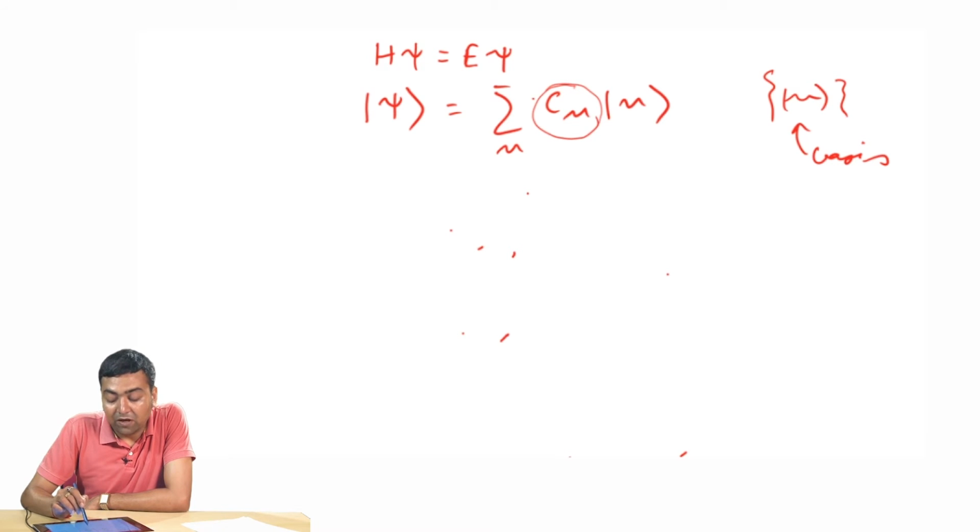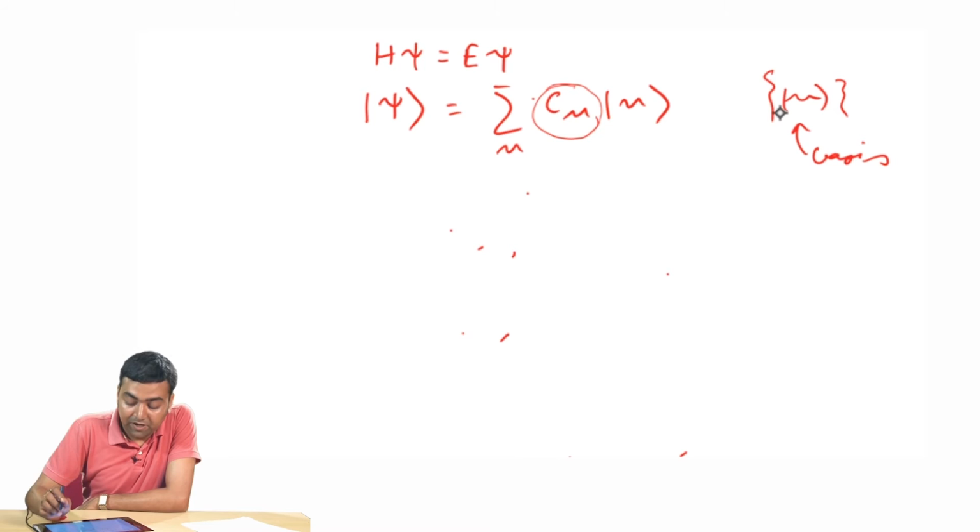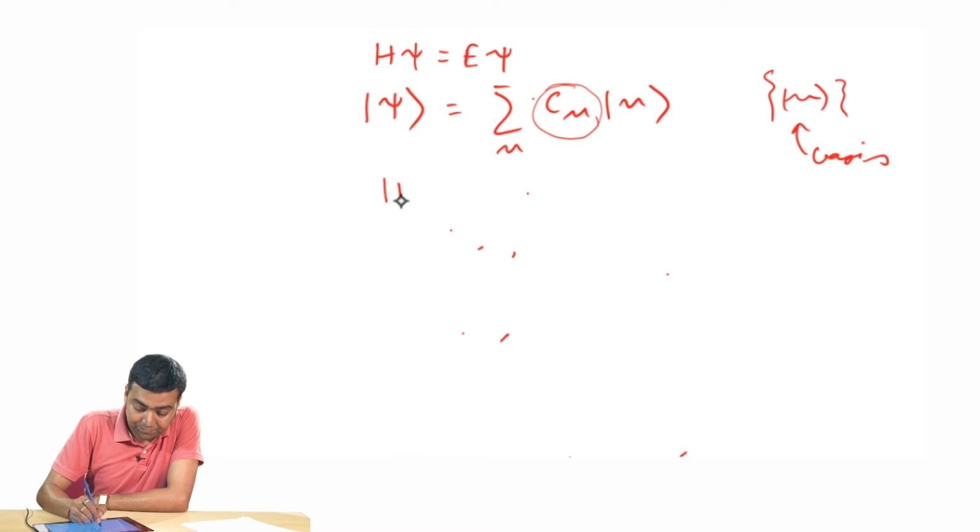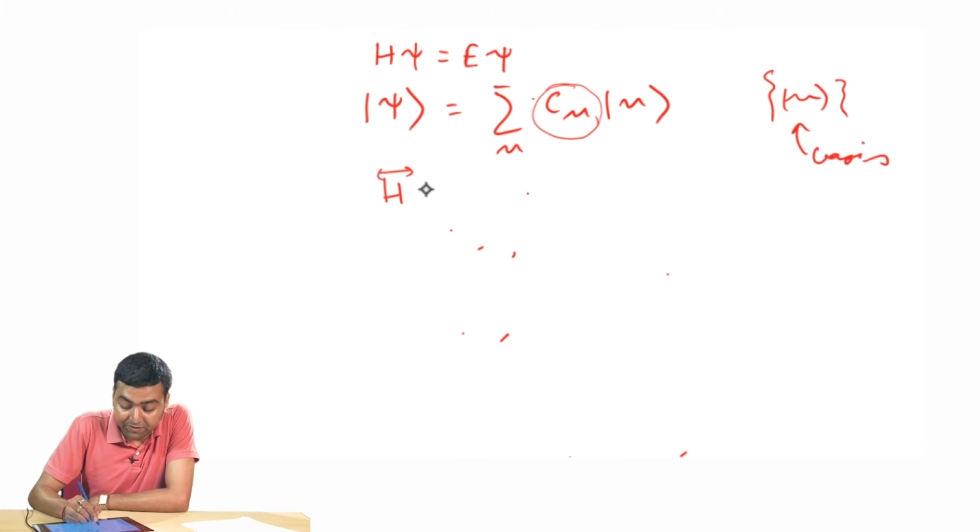If I know the coefficients C n, I can construct my wave function, and to find the coefficients, we projected this Schrodinger equation onto each of the basis functions. As a result, what we got is a matrix equation, which is of the following form.